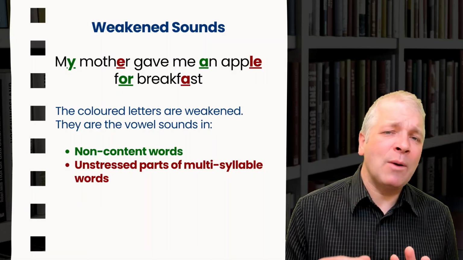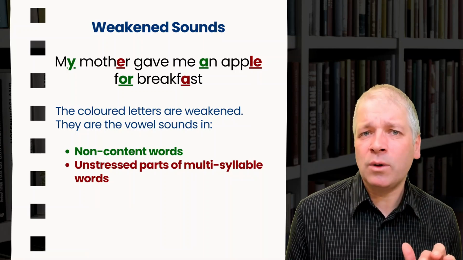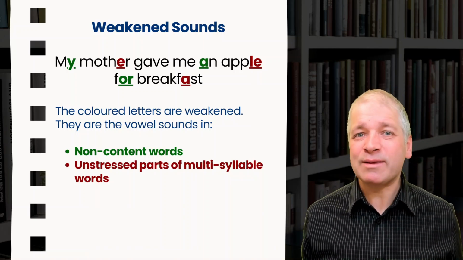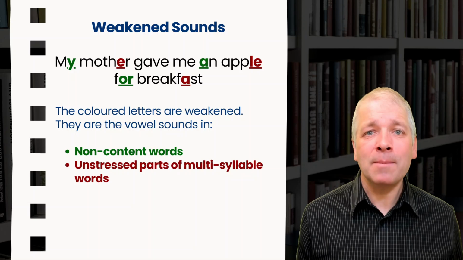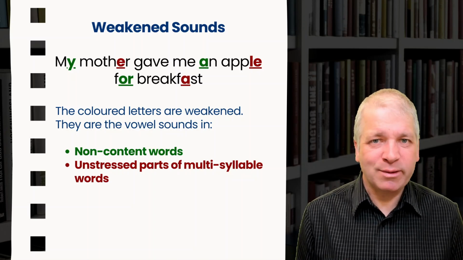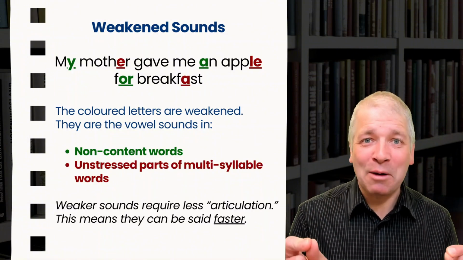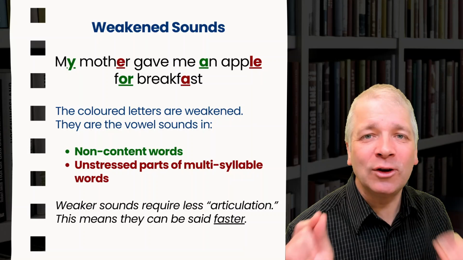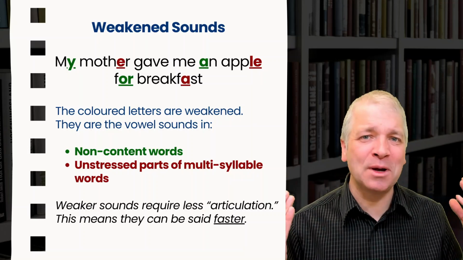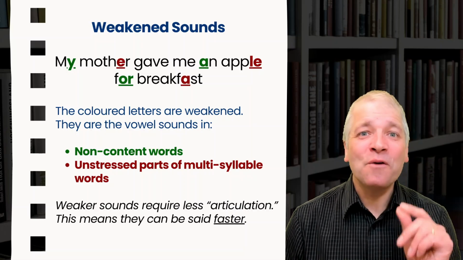That means where we have 2 sounds in a word or 3 sounds in a word or sometimes more. So instead of saying mother, we say mother. Instead of saying apple, we say apple. Instead of saying breakfast, we say breakfast. Now, weaker sounds require less articulation, less mouth movements, less effort from the speaker. This means they can be said faster.